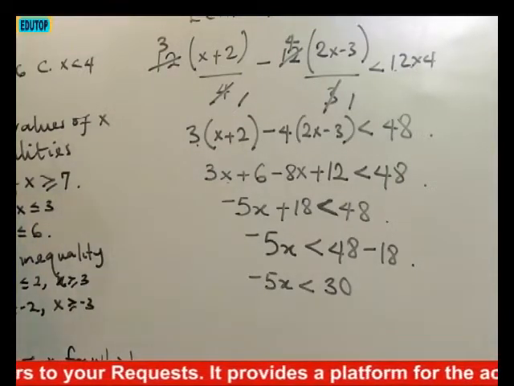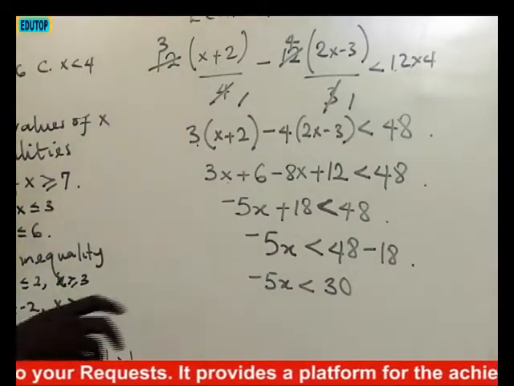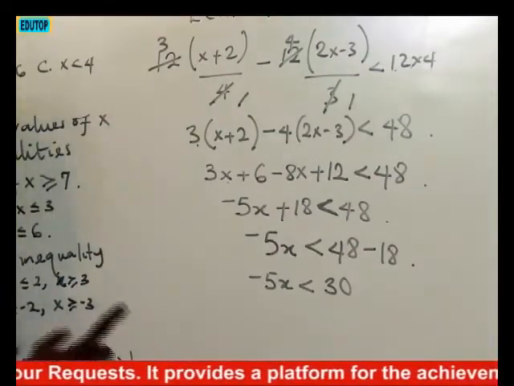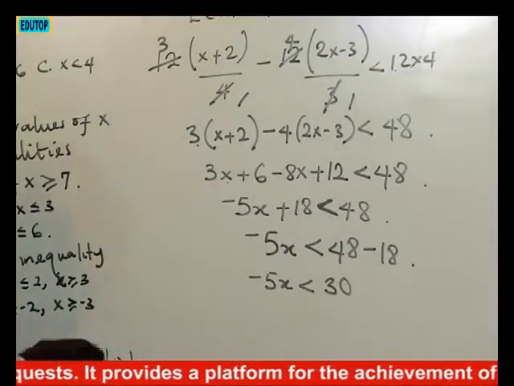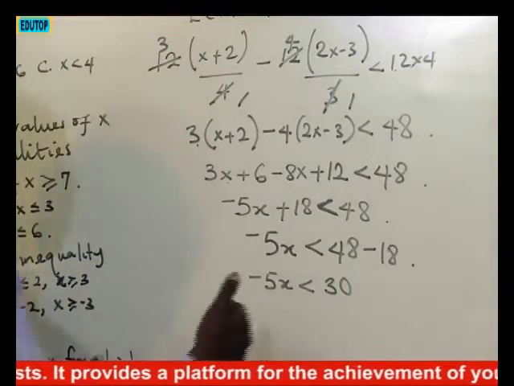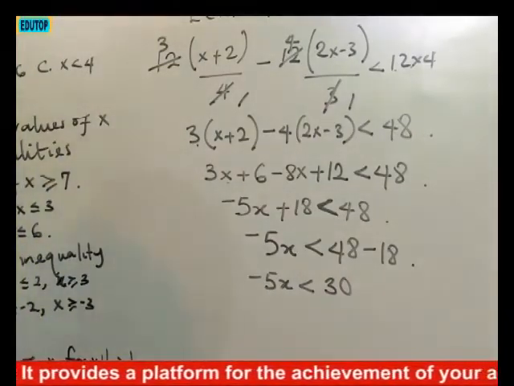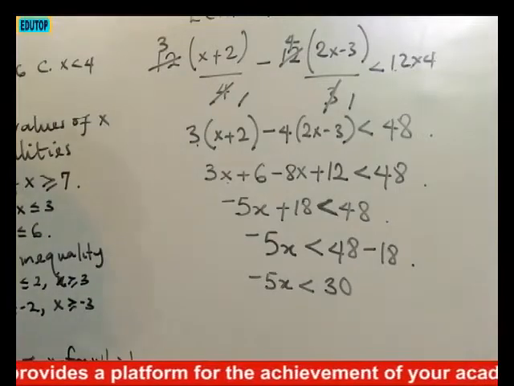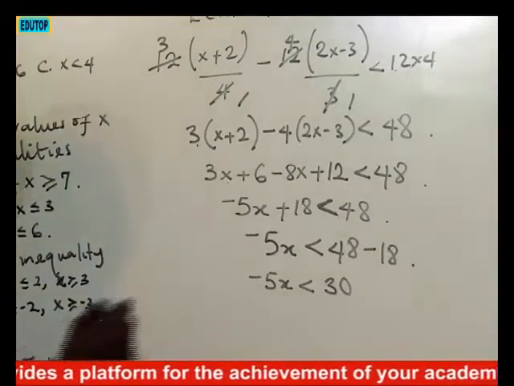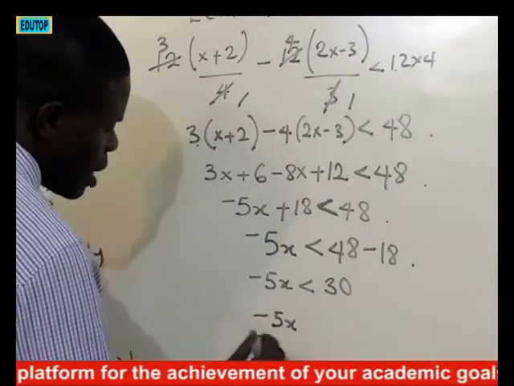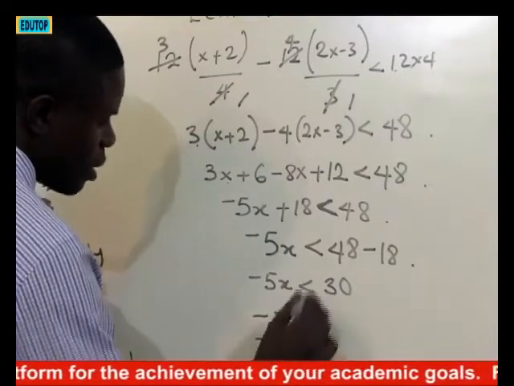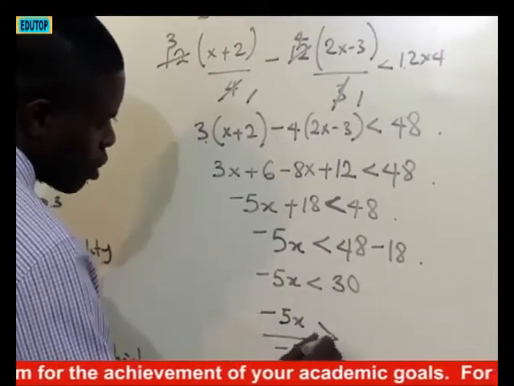And one uniqueness of inequality is that if you divide by a minus, the sign will be reversed. The inequality sign will be reversed. If it is less than, it will become greater than. If it is greater than, it will become less than. Take note of that. So if I divide this by minus 5, x divided by minus 5, then this inequality sign will be reversed.